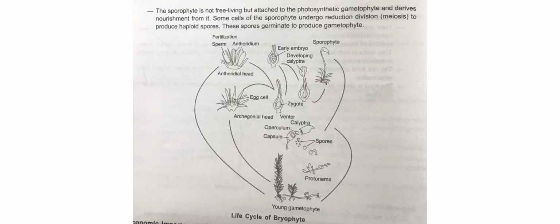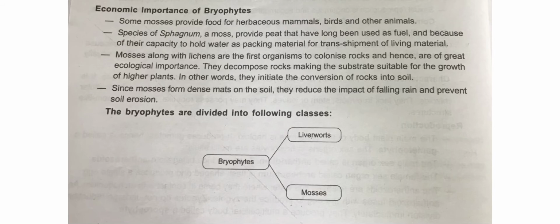In this way the gametophytic phase and sporophytic phase alternate with one another. This diagram is not important to draw, you just have to understand alternation of generation with its help.